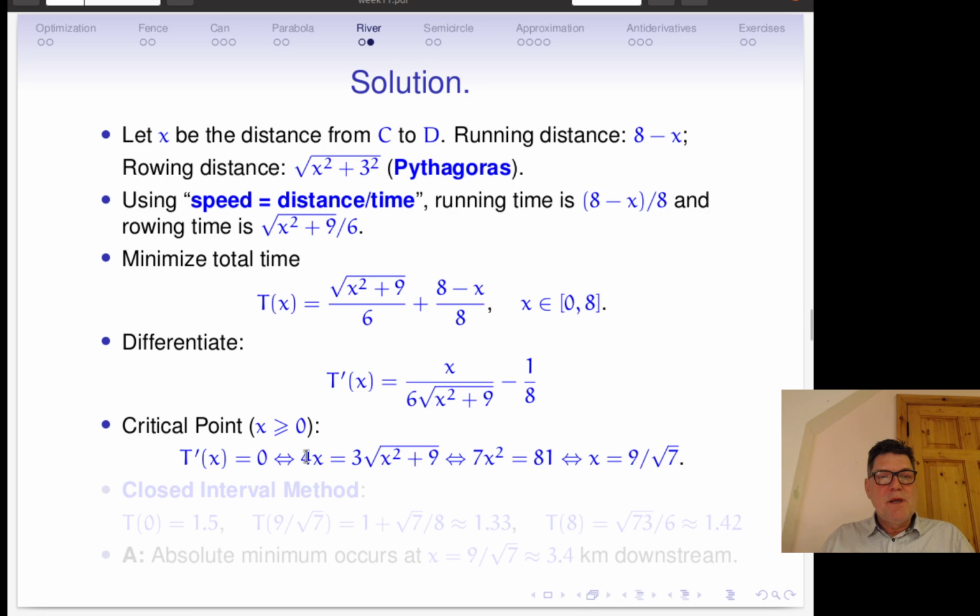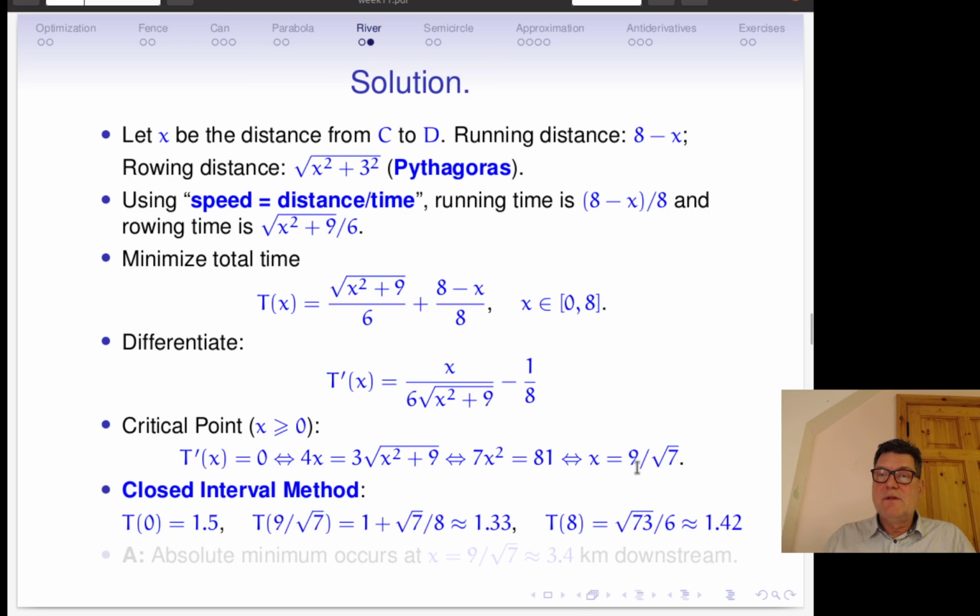If we square both sides here and then bring all the squares together, this simplifies to 7x squared equals 81, and of this we extract the positive square root, x being 9 over root 7. That's the critical point.